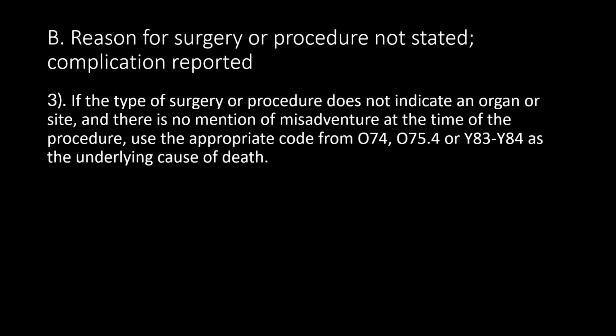If the type of surgery or procedure does not indicate an organ or site, and there is no mention of misadventure at the time of the procedure, use the appropriate code from O74, O75.4, or Y83 to Y84 as the underlying cause of death.